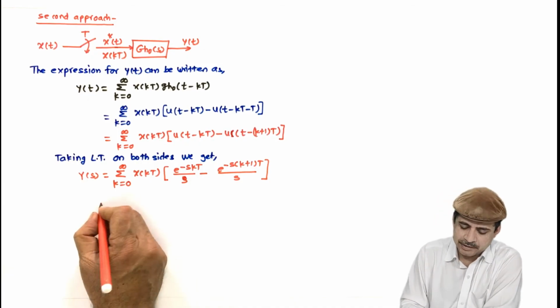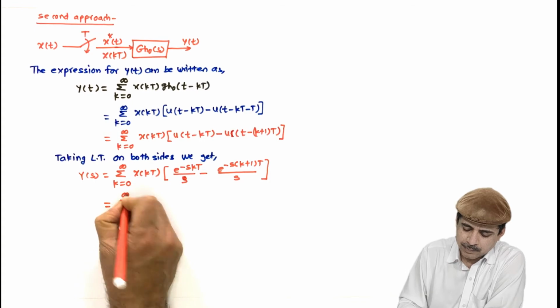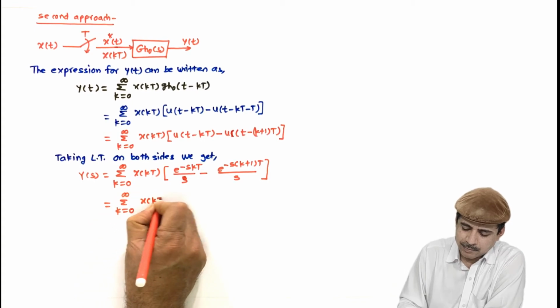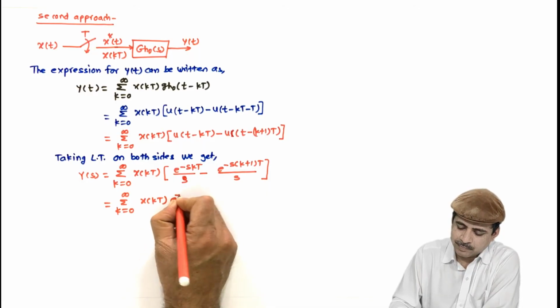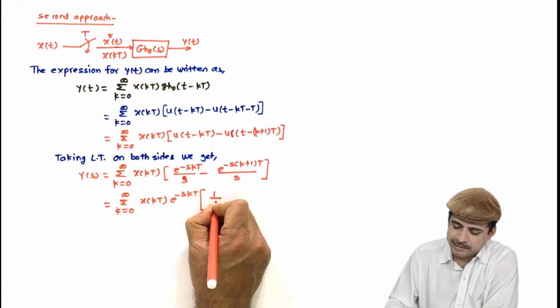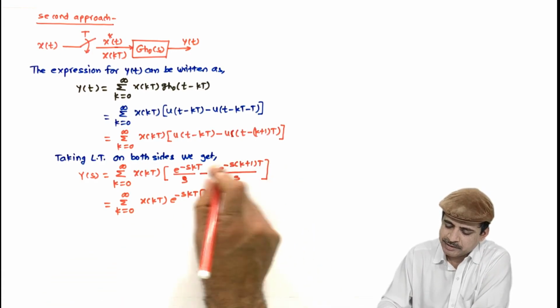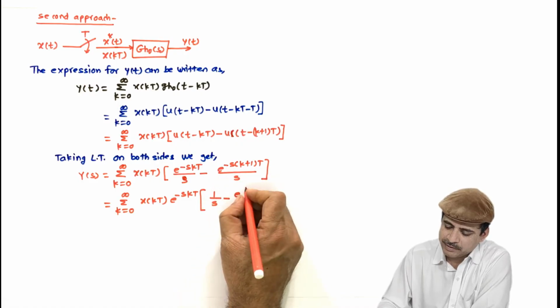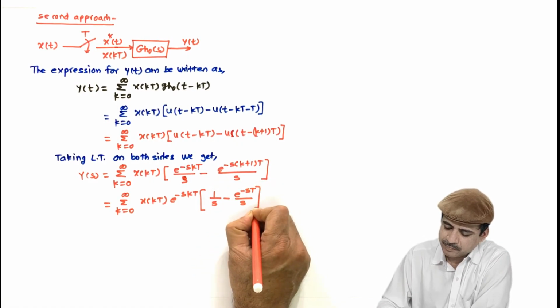And now in this case what I will do, I will take e raised to minus skT common, and then in the bracket I get 1 minus e raised to minus sT by s.